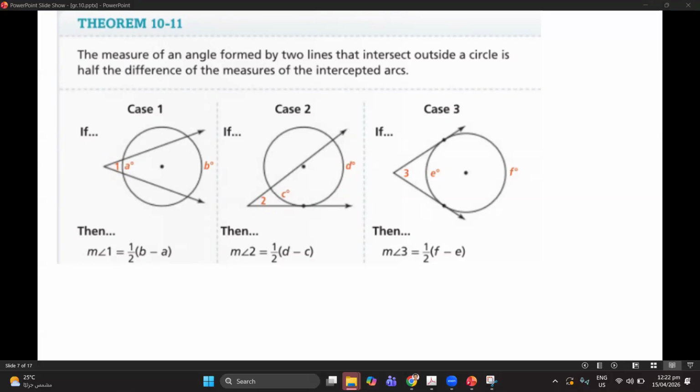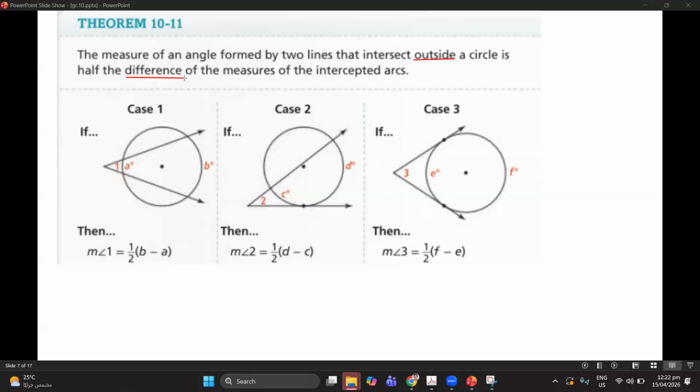But if the two secants intersect outside the circle, as shown in case 1, case 2, and case 3, the measure will be half the difference of the arcs. So remember, if they intersect inside a circle, it will be half the sum of the measures of the arcs, but if they intersect outside the circle, it will be half the difference. So now let's connect the words: inside, I will add; outside, I will subtract.